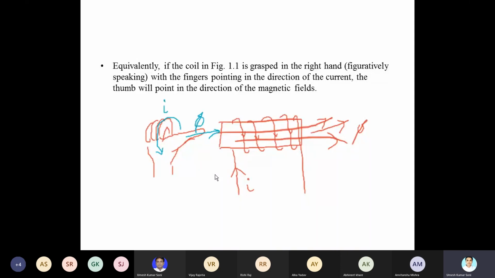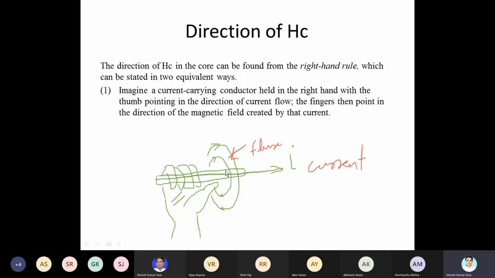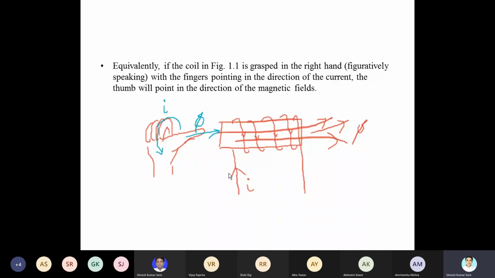Here the thumb represents the direction of flux, and the relation between these flux lines and current is also given in a coil. This represents a single section of conductor, while this represents a large number of turns of a conductor made into a solenoidal coil.